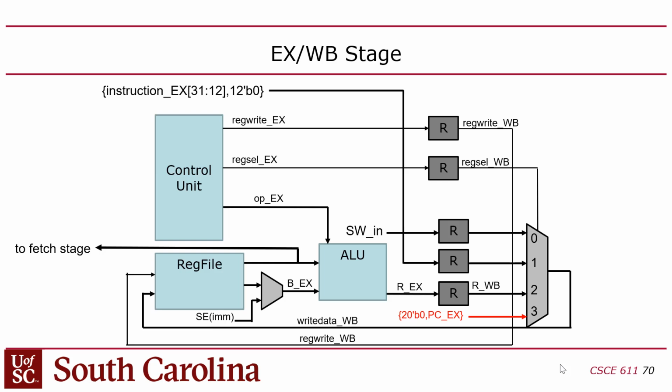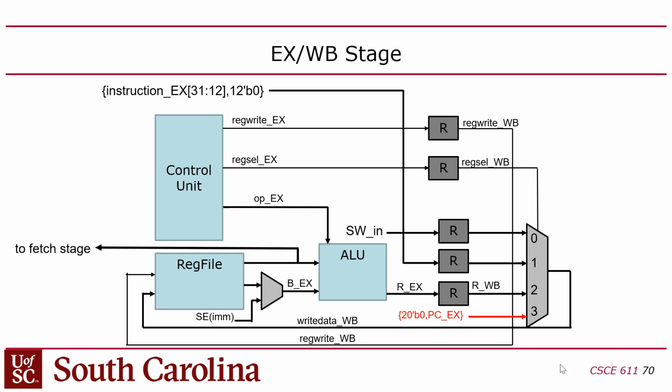Yeah, right here. See? So what I've done here is this is the reg select mux. This is what decides what you write back to the register file. Remember, option 0 is the switch IO, the input thing. Option 1 is the load upper immediate thing. Option 2 is the normal ALU result.